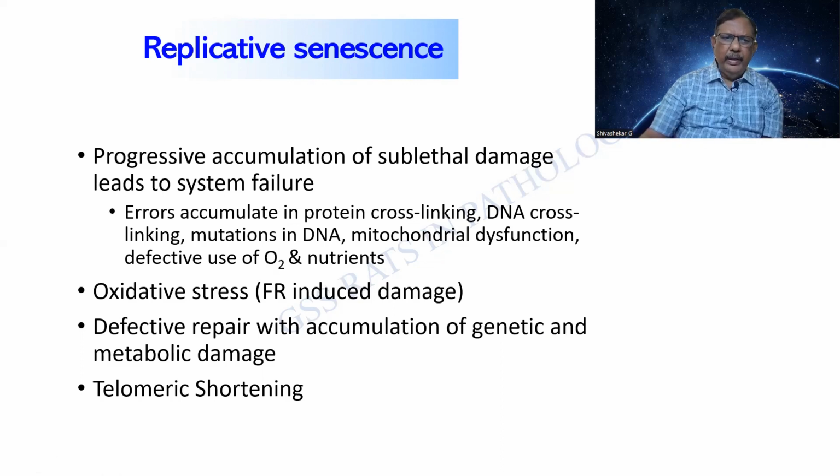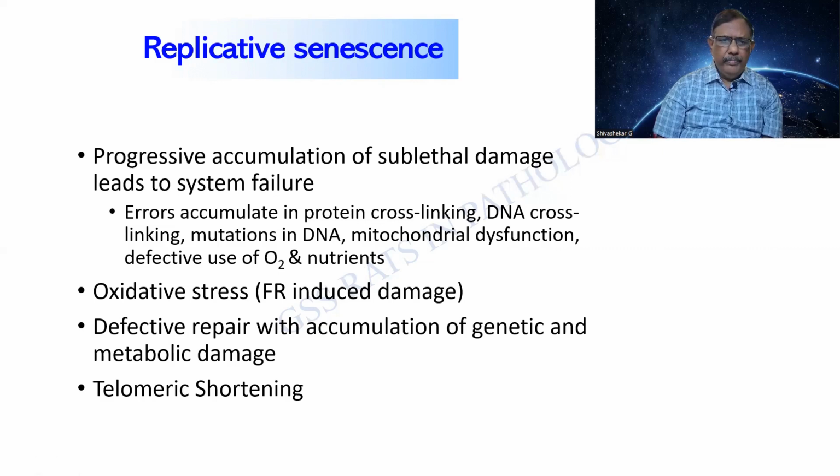For example, there can be errors in the protein cross-linking, DNA cross-linking. There might be mutations in the DNA, mitochondrial dysfunction, and defects in oxygen regulation and nutrient carriage. All these can lead to sublethal damage.